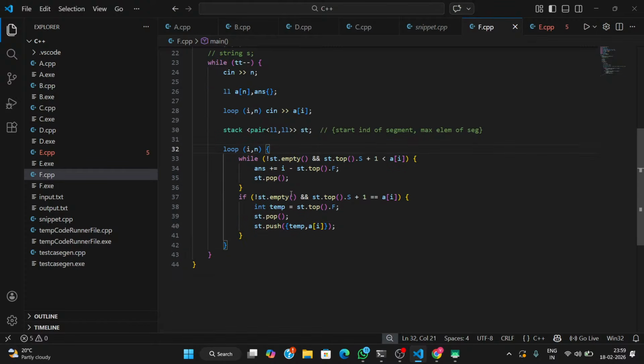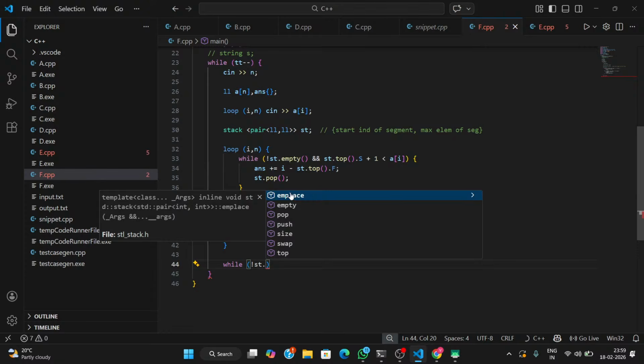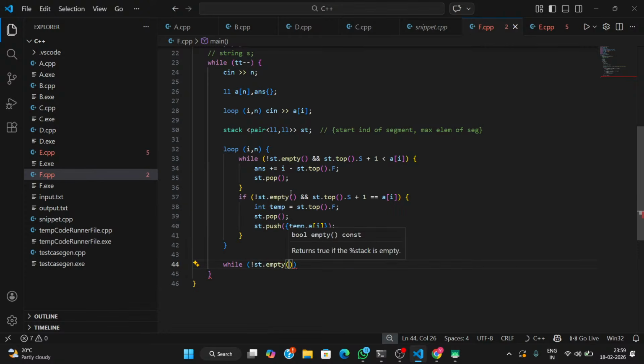After completing our iteration, we will again look at the stack, and whatever segments are still not terminated, we will terminate those segments, right?